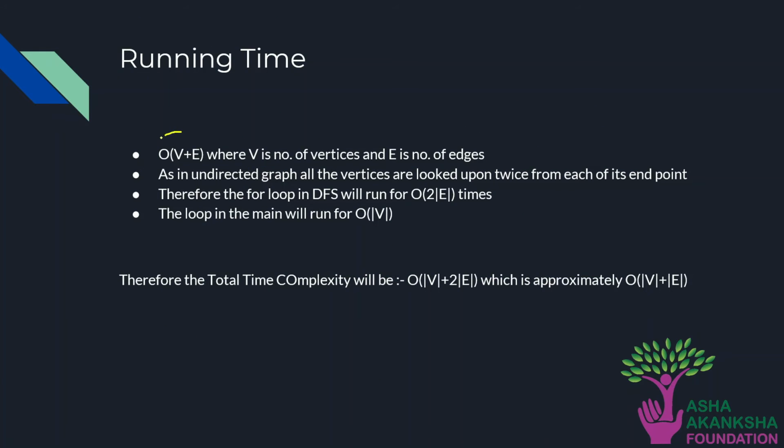So the time complexity will be O of V plus E, where V is the number of vertices and E is the number of edges. As we know, in an undirected graph, each vertex is looked upon twice from each of its endpoints. Therefore, the loop in the DFS will run at most 2E times, which is 2 into the number of edges.